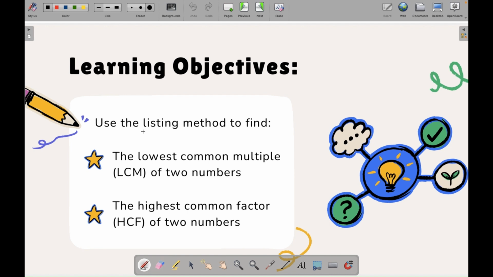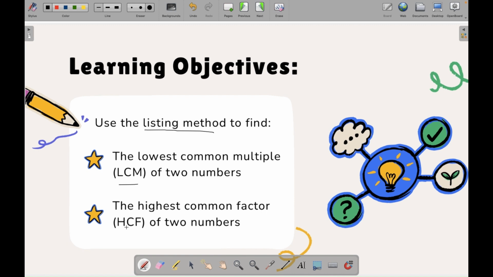In this class, we'll be using the listing method to find the least common multiple and the highest common factor of two numbers. So in this class, we'll be limited to two numbers only. In higher classes, we can use other methods to find the least common multiple of two or more numbers as well. Remember, when we are talking about multiples and factors, we use one number to find the factors of that number.